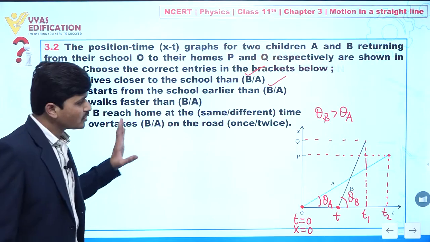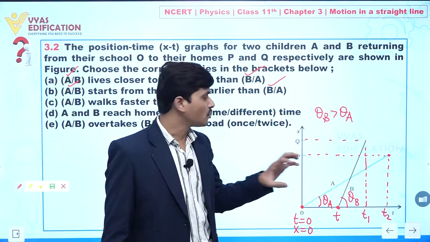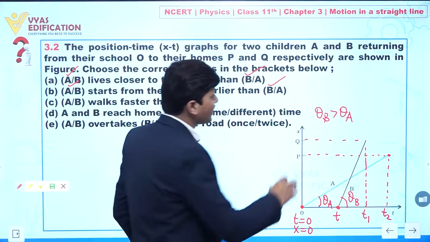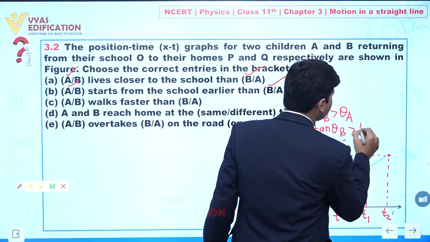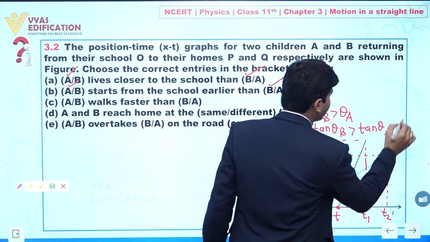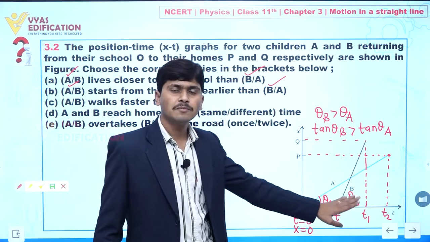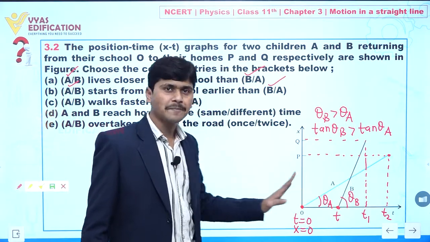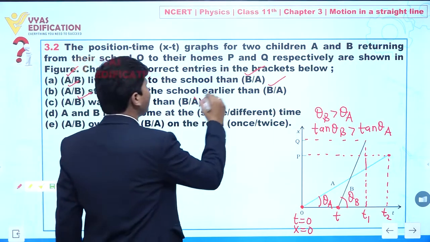Our objective in this question is to find which one has the faster speed. When theta B is greater than theta A, tan theta B is greater than tan theta A. It means child B moves faster than child A. B walks faster than A.